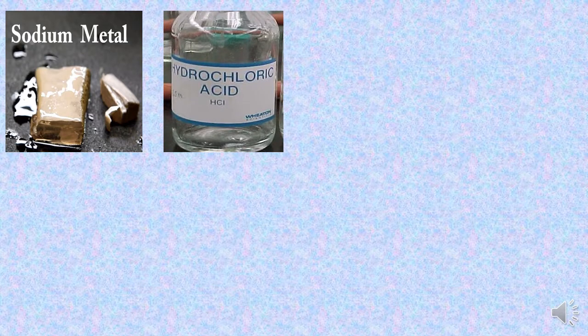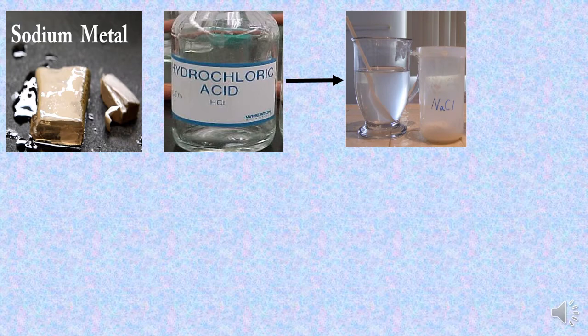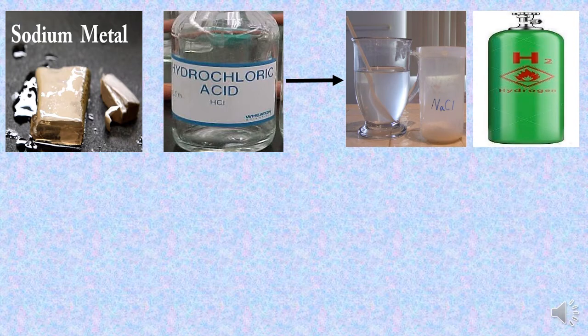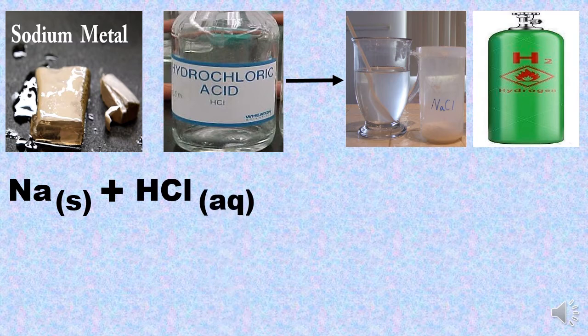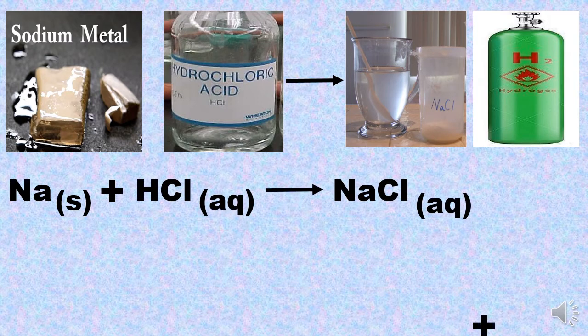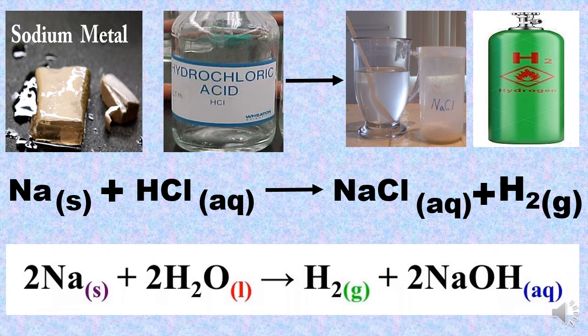Solid sodium metal reacts with aqueous hydrochloric acid solution to produce aqueous sodium chloride solution along with the evolution of hydrogen gas. We can represent the equation like this. Sodium in the solid state reacts with hydrochloric acid in the aqueous state to produce sodium chloride in the aqueous state plus H2 in the gaseous state. This is the complete balanced equation for the reaction.